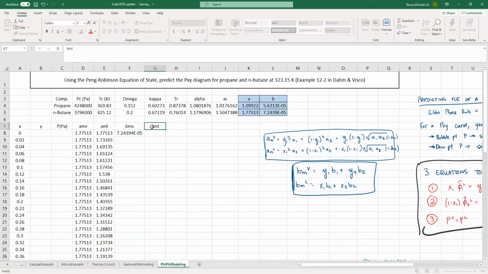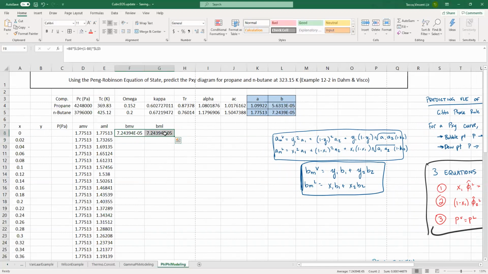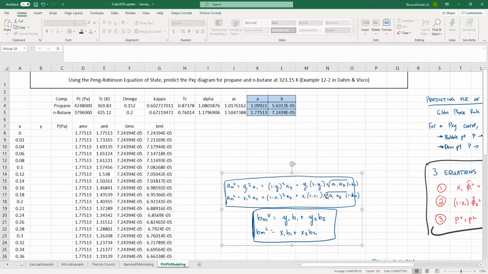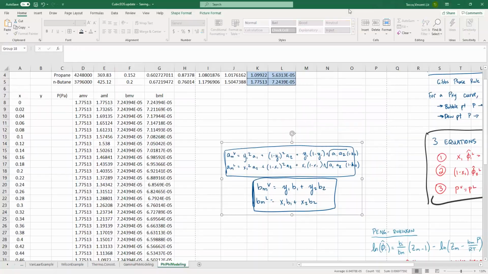And BML, similar, but for X. So X1 times B1 plus X2 times B2. All right, copy both of these down. And now I have formulas at least. I don't know what the exact parameters are. I'm going to have to use Solver later on. So I'm going to get rid of this and move on to the next step.